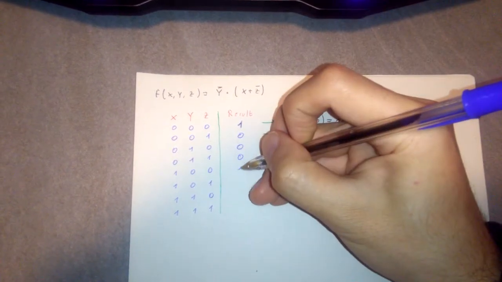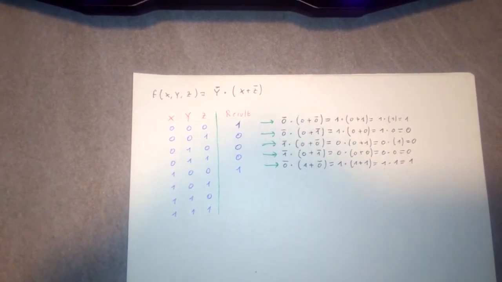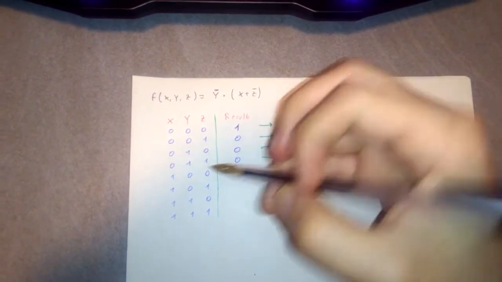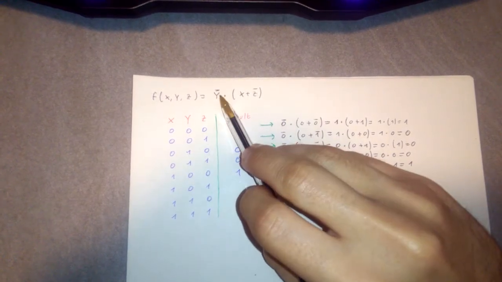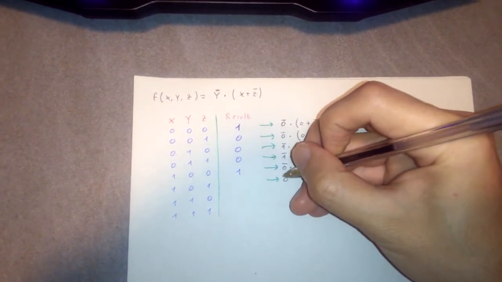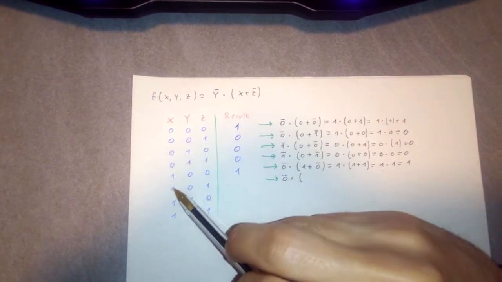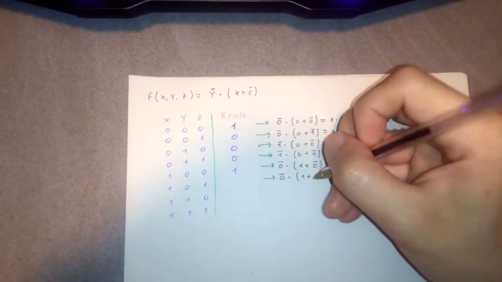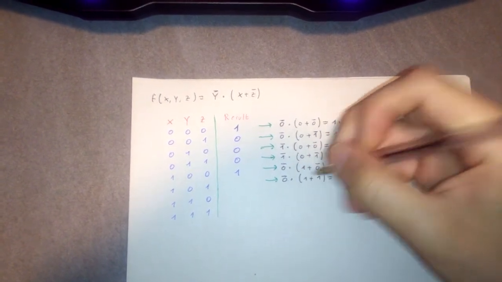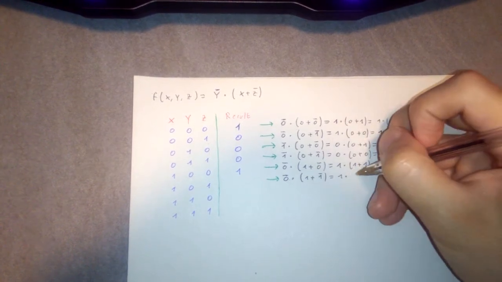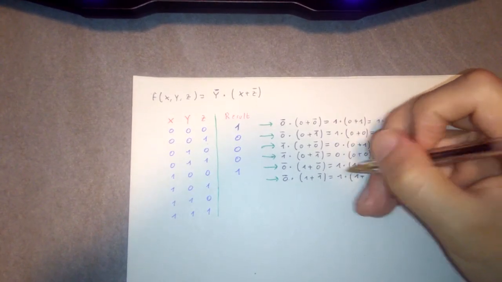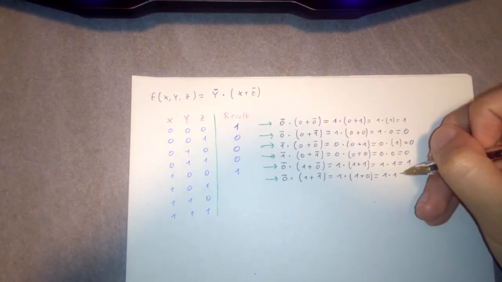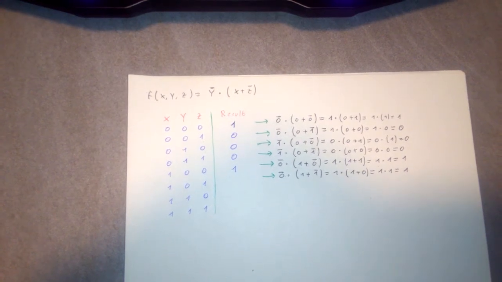So you get a 1. And again, we go on with this 101. If we plug 0 in y, we get not 0 times x, which is 1, plus z, which is 1, so not 1. So not 0 is actually 1 times 1 plus not 1, which is 0, so we get 1 times 1 plus 0 is 1, 1 times 1 is indeed 1.